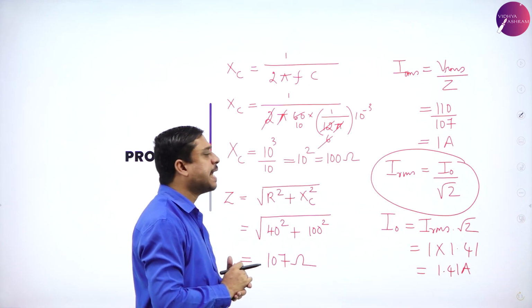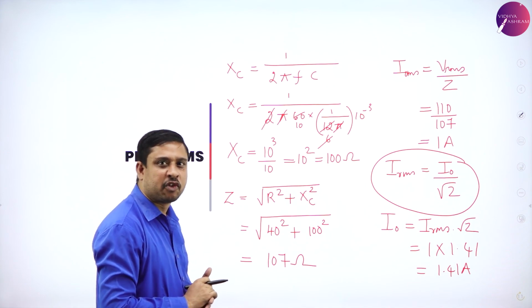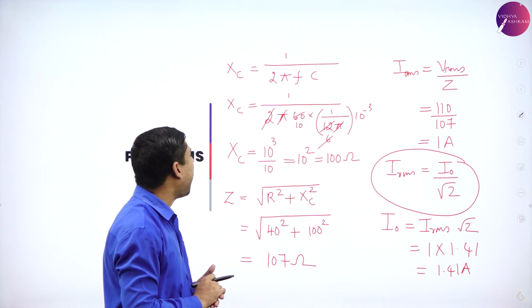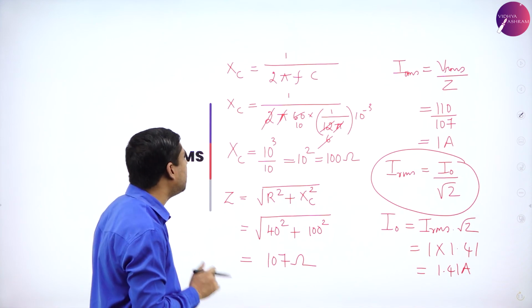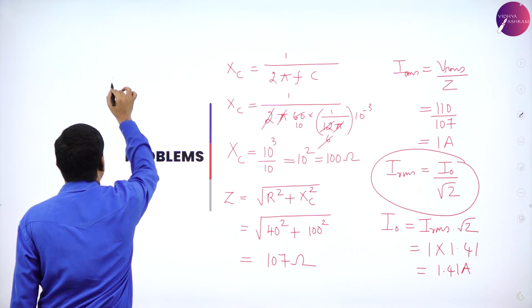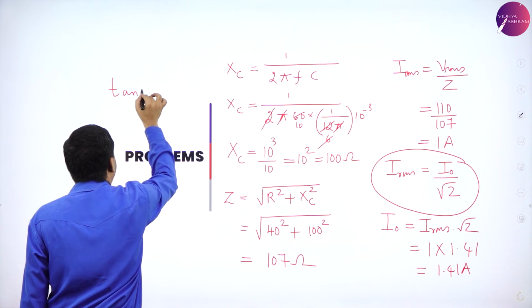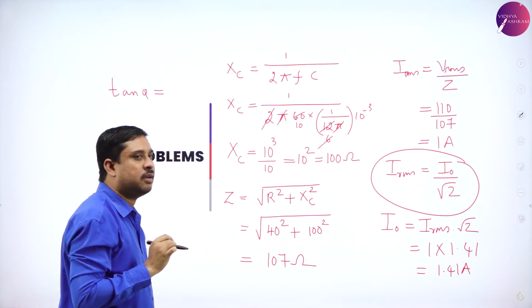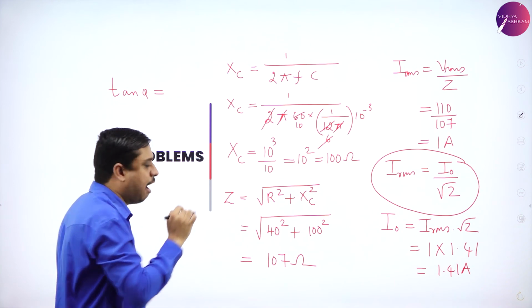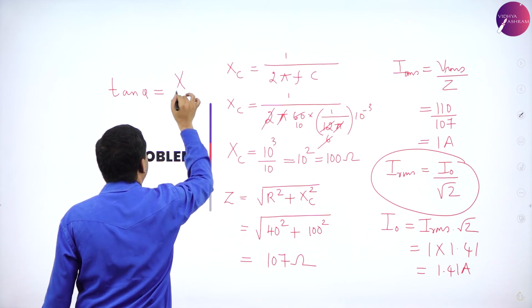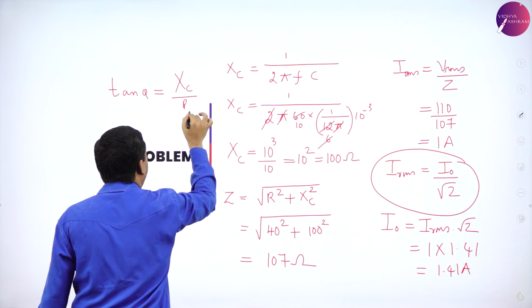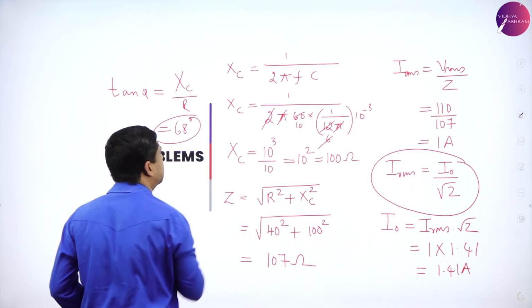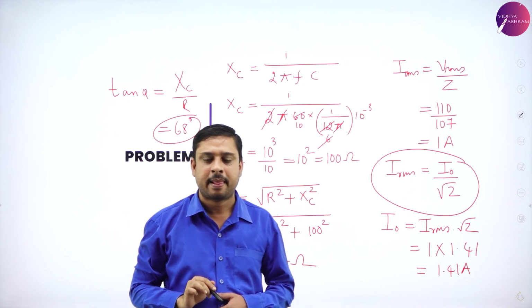Now with all these things, you have to calculate the phase between maximum current and voltage. So we have tan phi equals XL minus XC by R, but this is only XC by R. When you substitute, 68 degrees will be the answer.